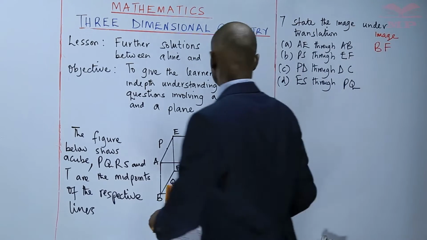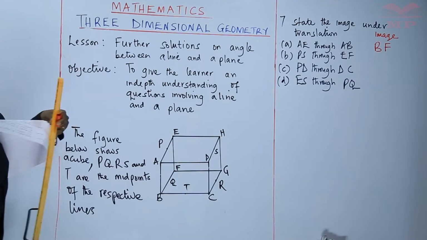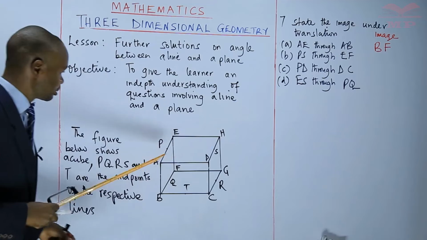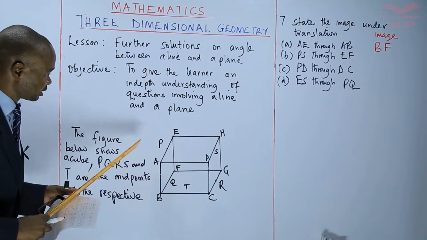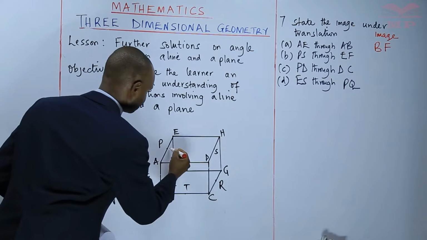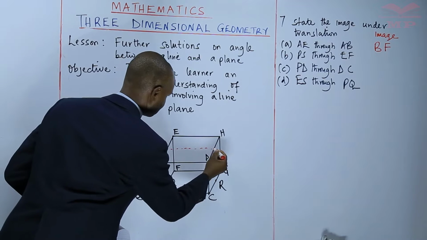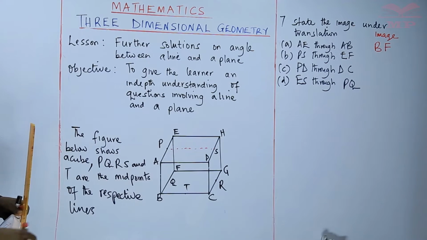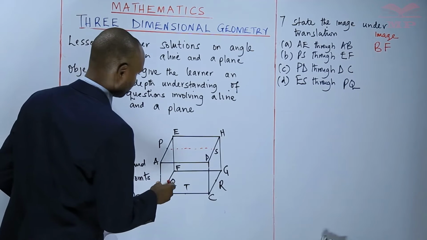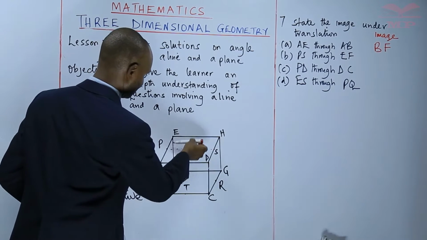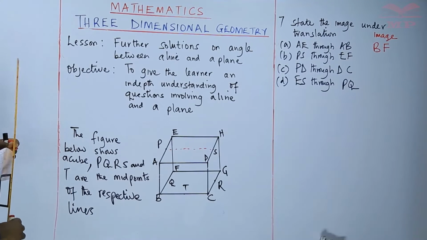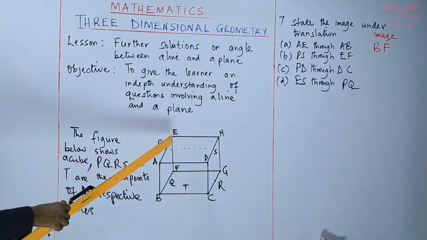Under that translation, we come to PS, learner. Where is PS? PS is this one. That line, PS through EF.